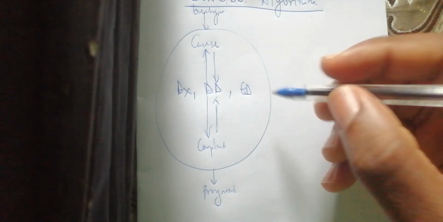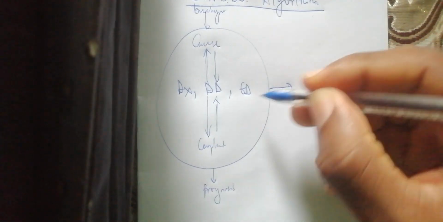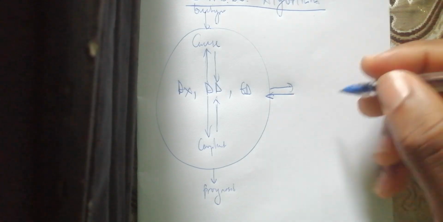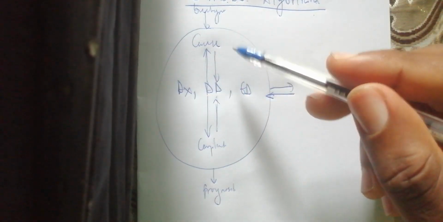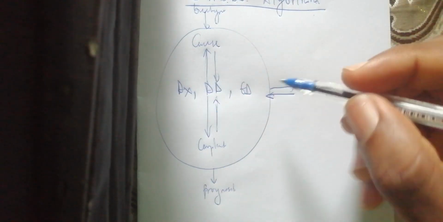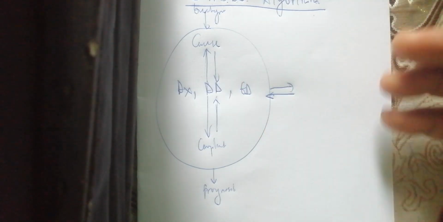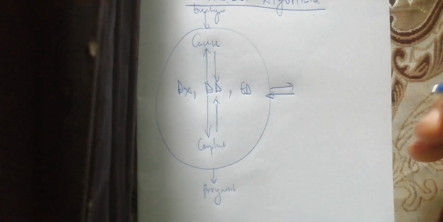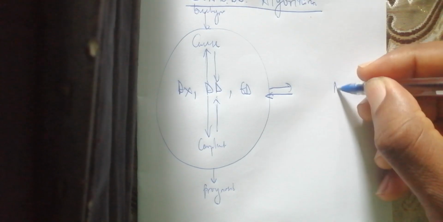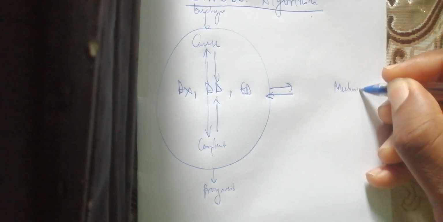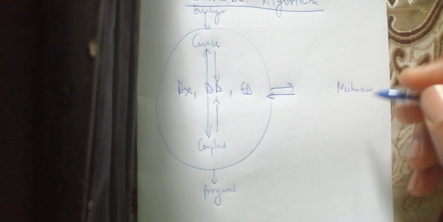Now, this diagram is a clinical diagram, a practical case of every disease. This practical case can be converted to the theoretical case. Every disease has a mechanism, and you should understand the mechanism of disease.